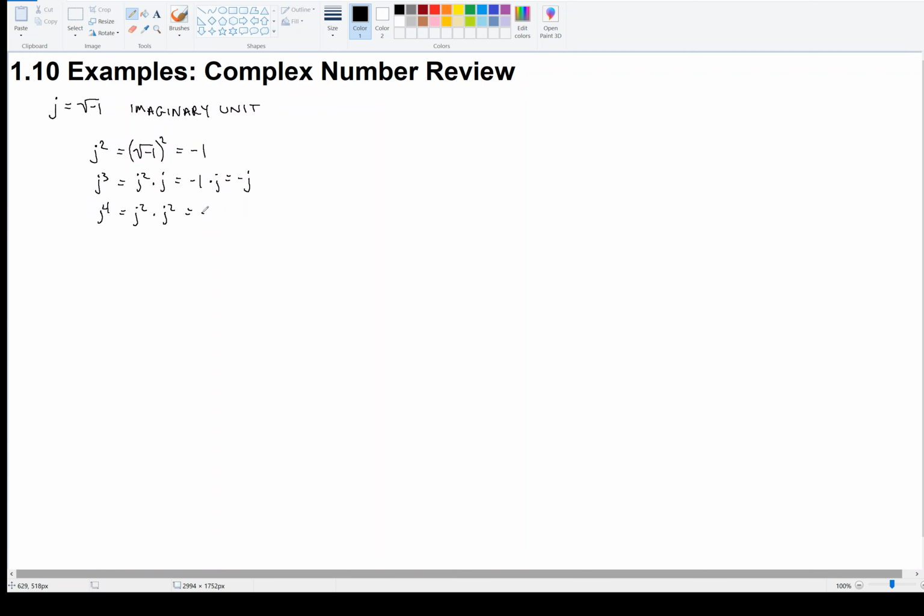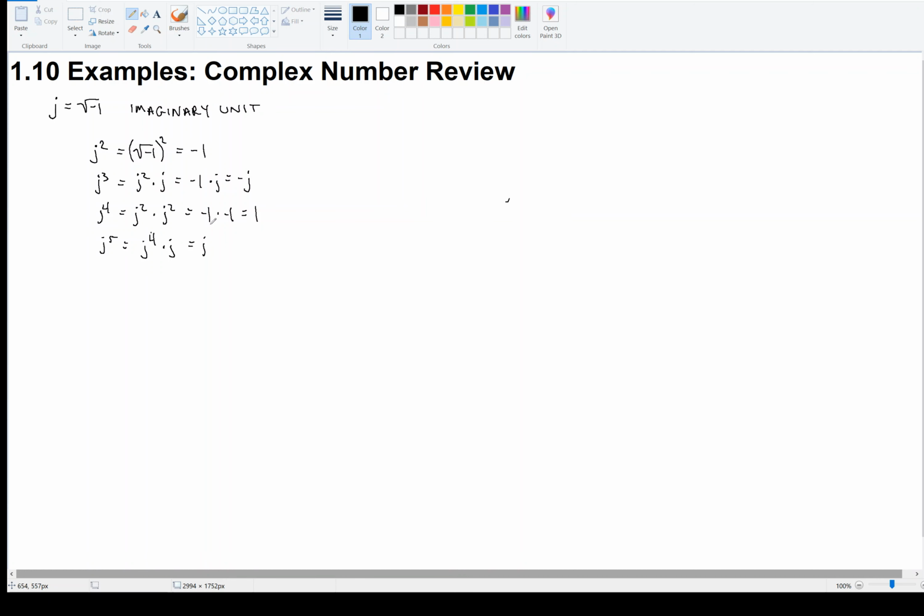That's -1 times -1. That's +1. And then if we take J to the fifth, well, that's J to the fourth times J. And J to the fourth is 1, so this is just J again. And we start over. We're back at J.